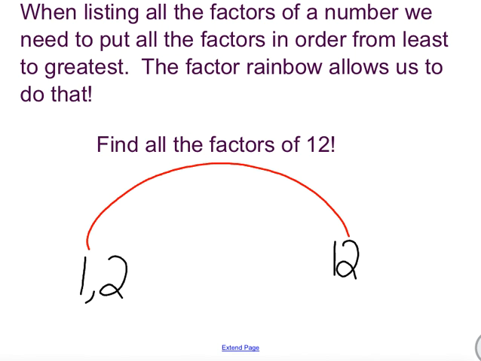So 2. 2 times what will give me 12? I don't put it right next to the 2. I start one number at one end, and now the other factor goes at the other end. So 2 times 6 is 12. So I have to put the comma and put the 6 over here. And then I connect it.